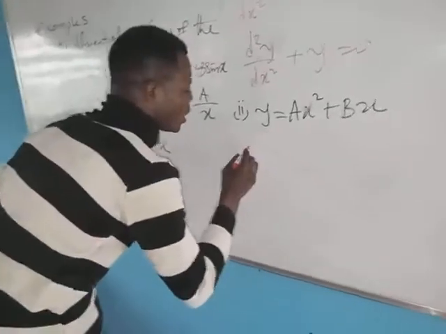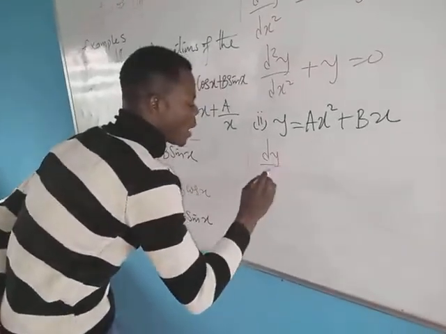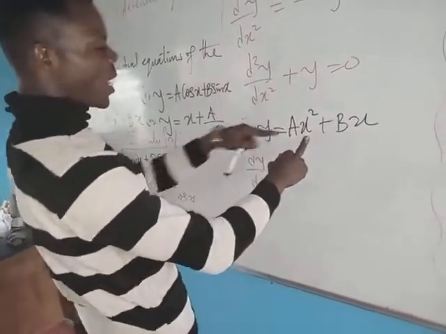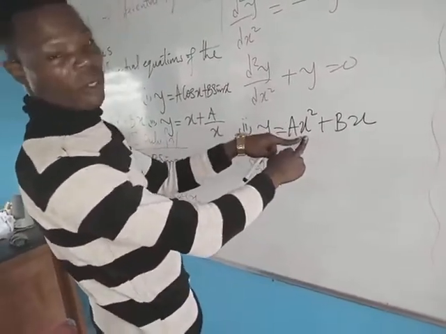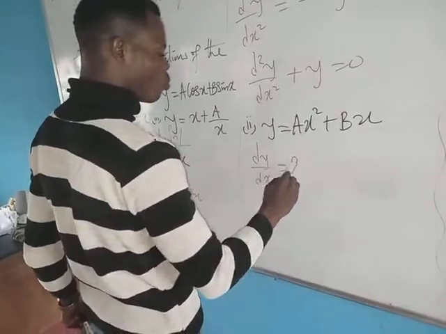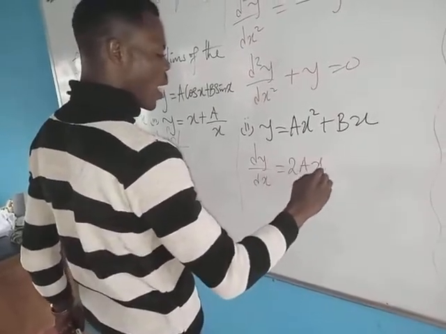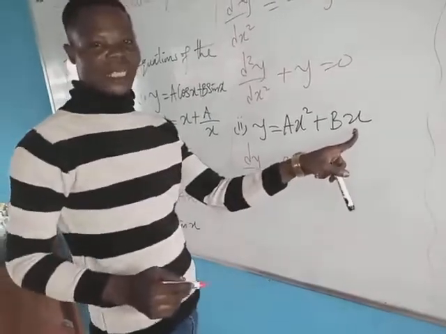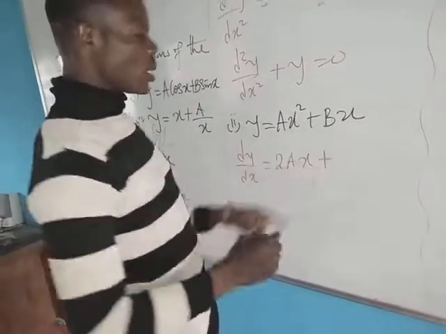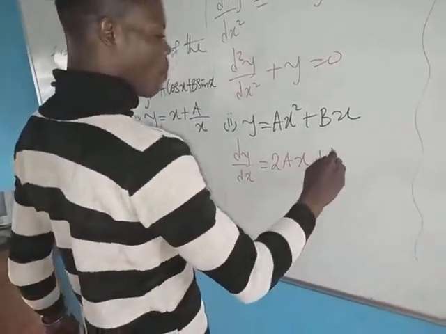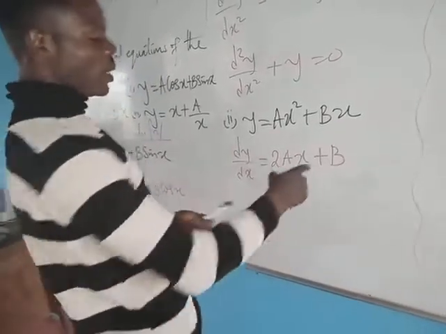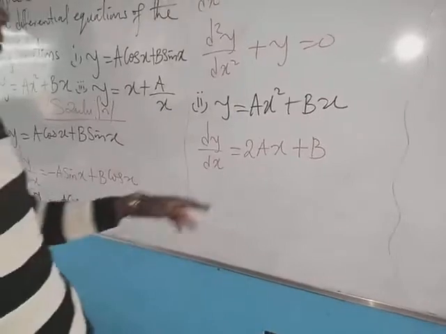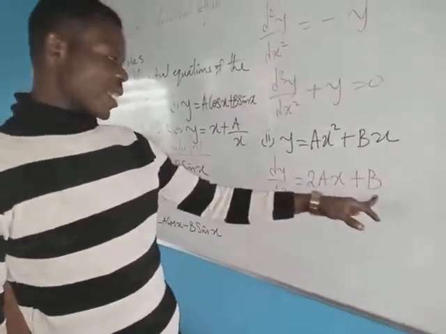When you differentiate this, you have dy/dx equal to, differentiate x squared, we are going to have 2x. So we have 2Ax plus, when you differentiate x, you are going to have 1. Then we are left with our B, that is B times 1. Now, can we find the value of A and B here?